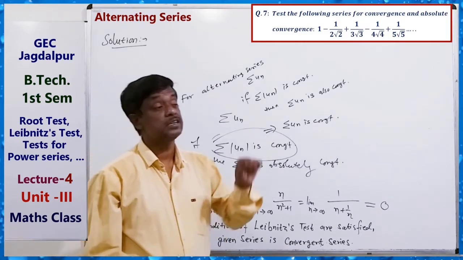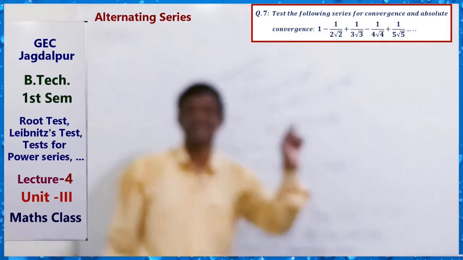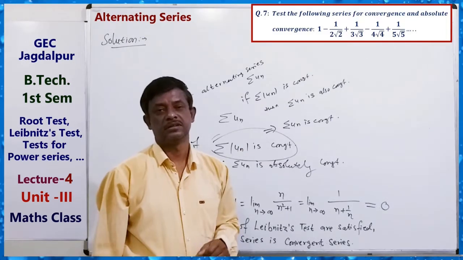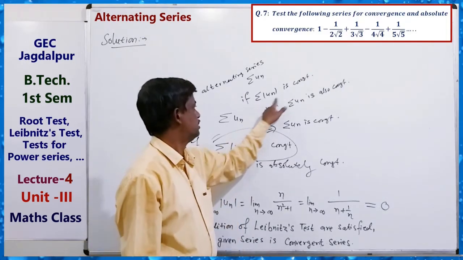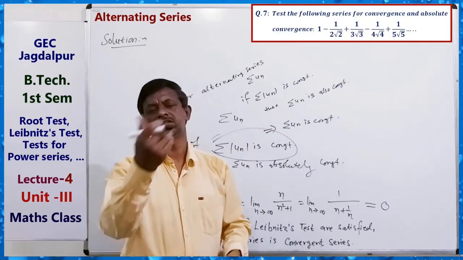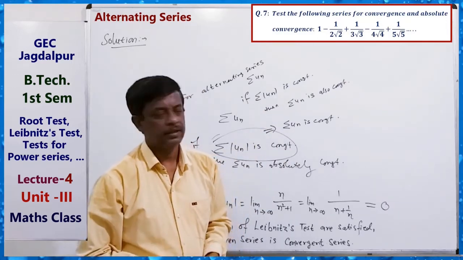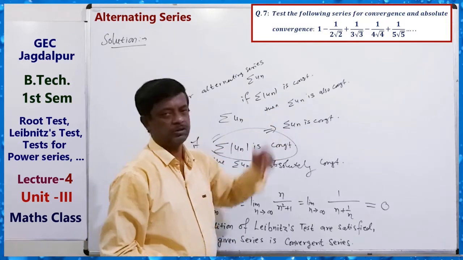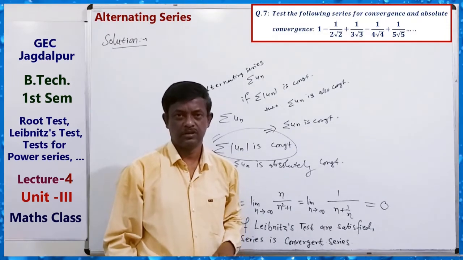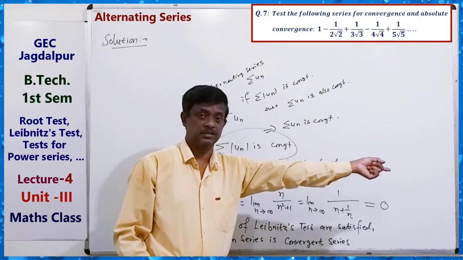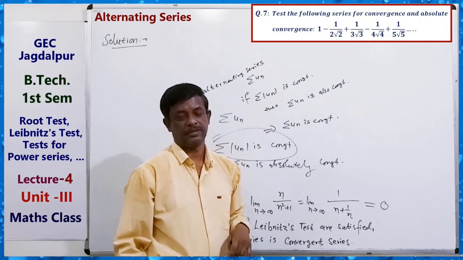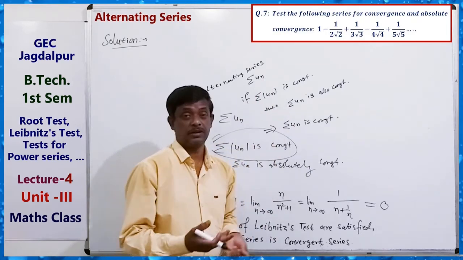So for testing the convergence of the series, we can test for absolute convergence, whether this is convergent or not. If this is convergent, then the alternating series is convergent, because an absolutely convergent series is necessarily convergent. So in the case of an alternating series, we test for this.